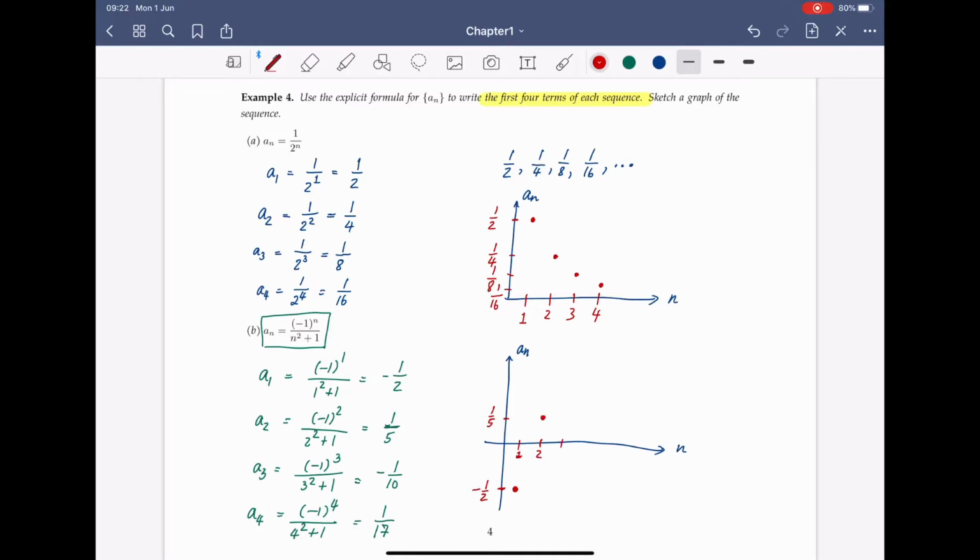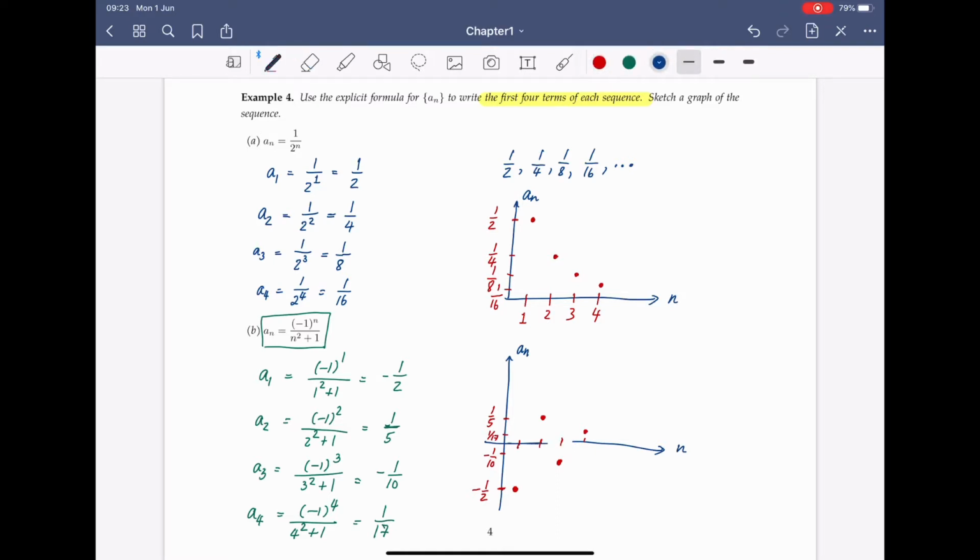And then when n is equal to 3, I have negative 1/10. So it just comes back to the negative side, but it's very close to the x-axis. And then when n is equal to 4, you have 1/17. So it's here, 1/17. To make it cleaner, I'm going to delete 1, 2, 3, 4 here.